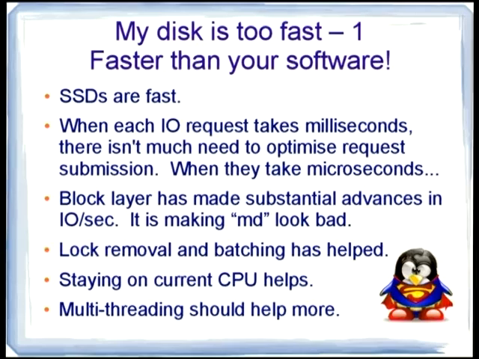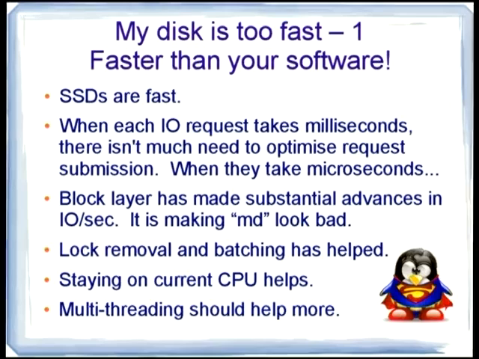Each request to spinning rust takes milliseconds. Each request to a good SSD can take microseconds, and you start noticing the overhead of locks and of jumping between CPUs when you shouldn't, and things like that.